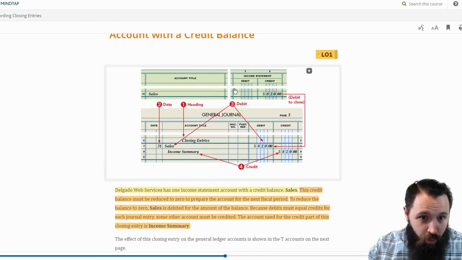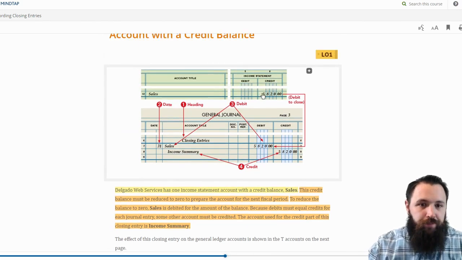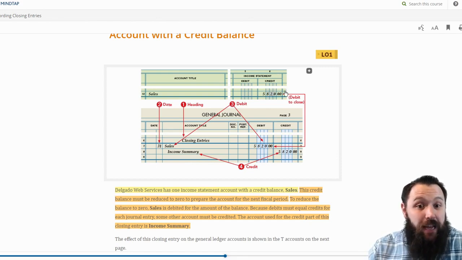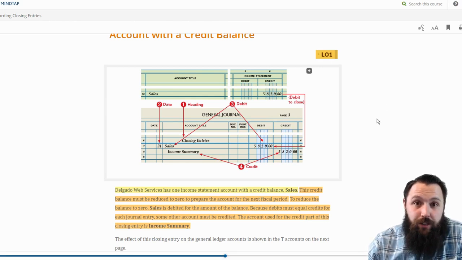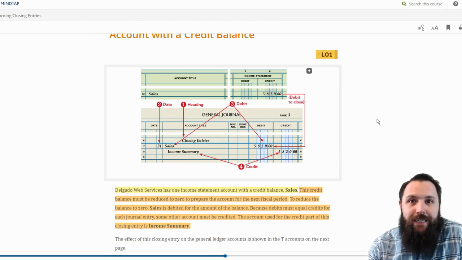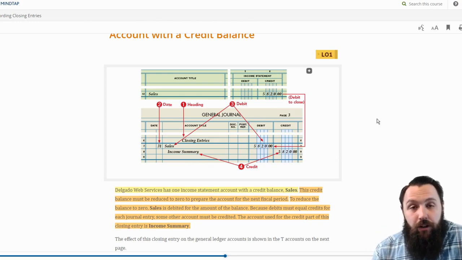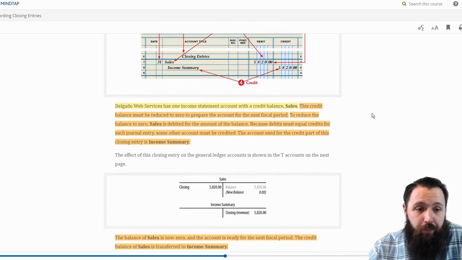So on our worksheet, sales has a credit balance. Because it has a credit balance and is temporary, we need to bring sales to a zero balance. How do we do that with a T account that has a credit balance of $5,820? We debit $5,820. So that's what we're going to do here.